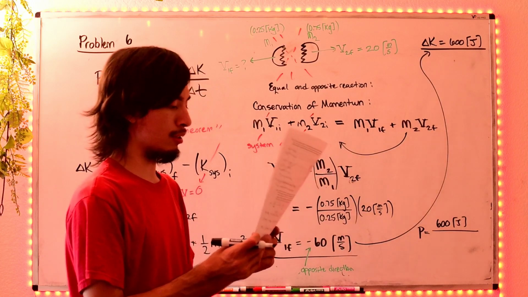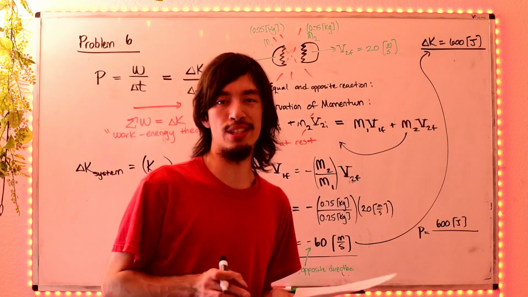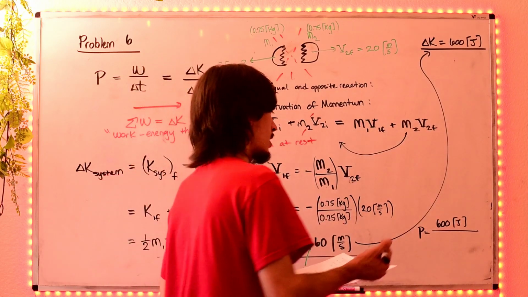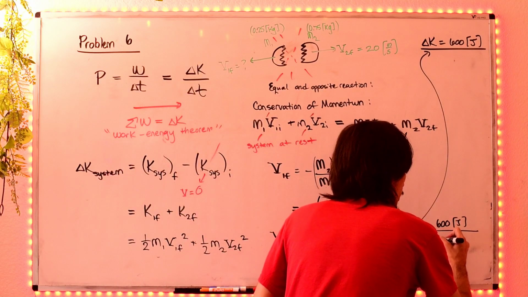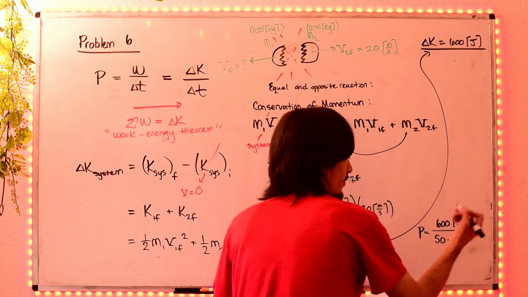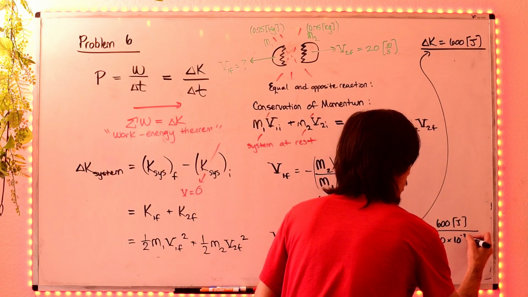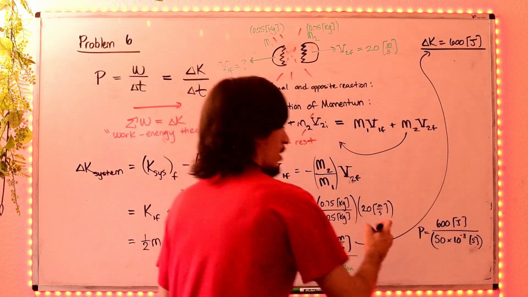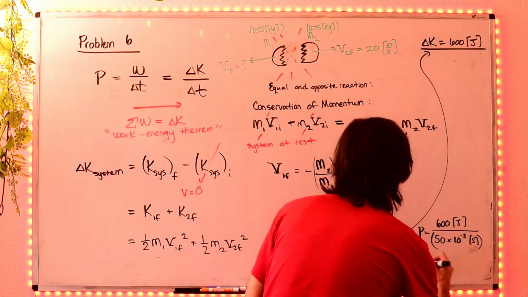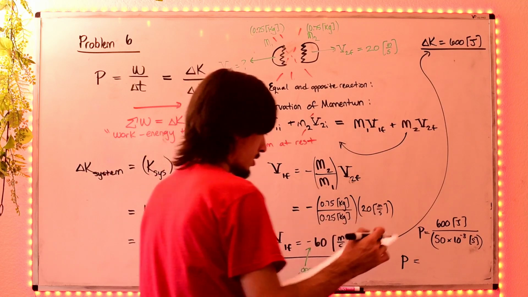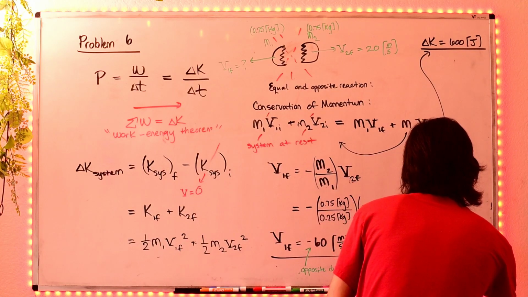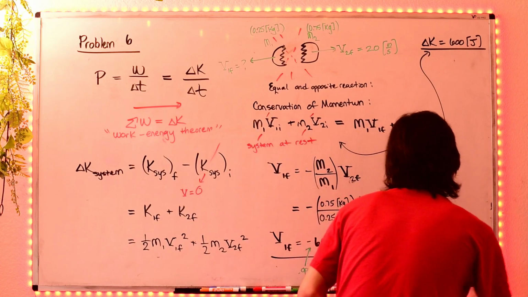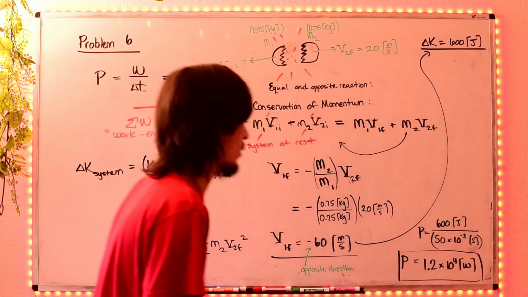You could convert that, but I would advise you to just realize that milli is 10 to the minus 3 in value. So you can just write 50 times 10 to the minus 3 seconds in the entire bottom. So the final answer is that the power produced is 1.2 times 10 to the 4th watts, or in other words, 12 kilowatts of power.